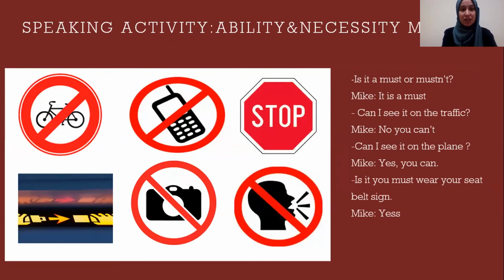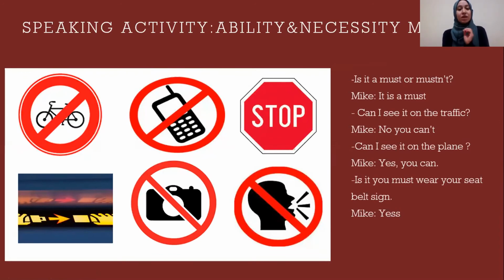If you use this activity as a whole classroom, it will be much more fun. Let's imagine this as a whiteboard in our classroom. You can stick or hang some of these signs to the walls of your classroom, to the board of the classroom, and you will pick randomly a student. It may be a volunteer student. Let's again call Mike.